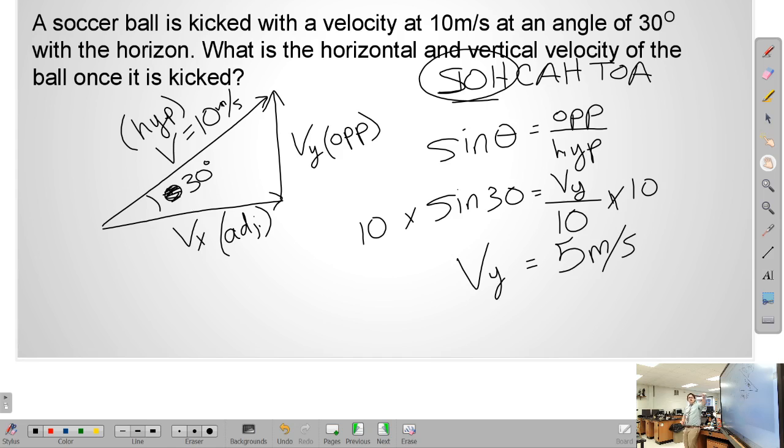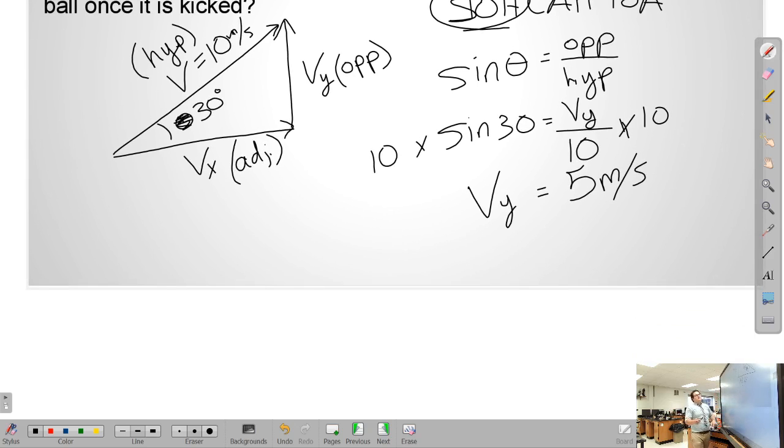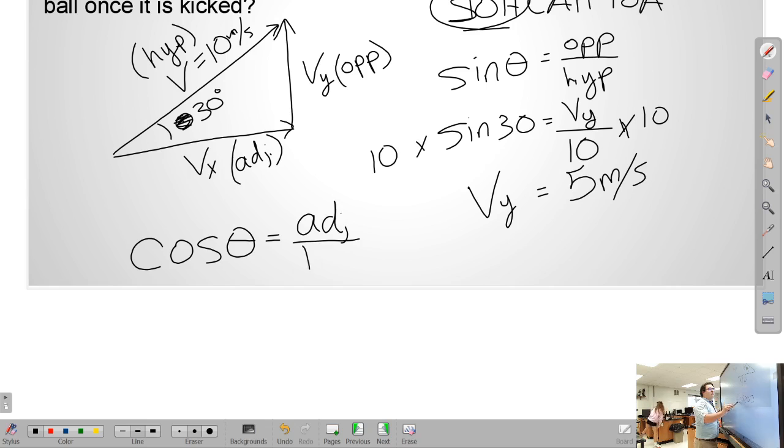All right. Is everybody good on the vertical component? Okay. Now we have to find the horizontal. What trig function am I going to use to find the horizontal component? Cosine. Cosine, says Jay on the front. Cosine theta equals what? Adjacent over hypotenuse.